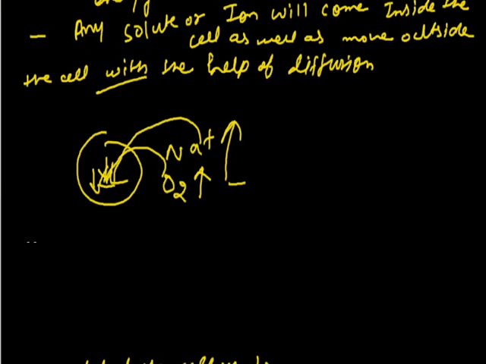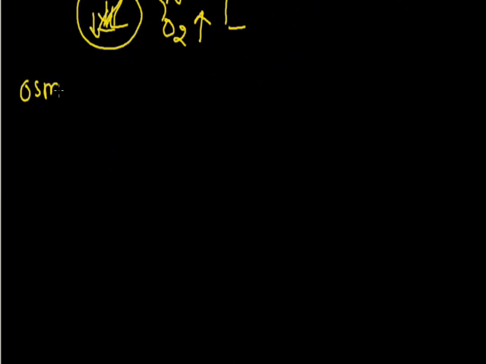The next transport is also known as osmosis. If I discuss the process of osmosis, osmosis is quite different from diffusion. In the process of osmosis, first we would like to discuss its definition.